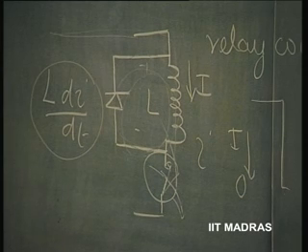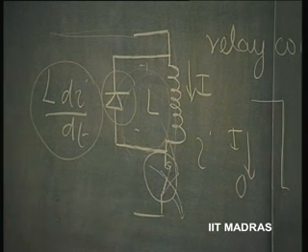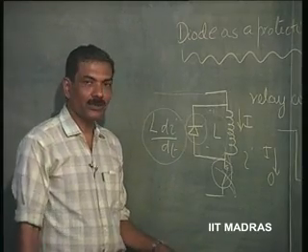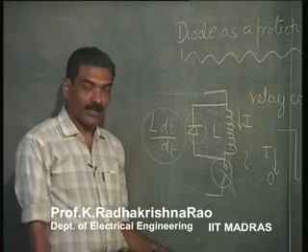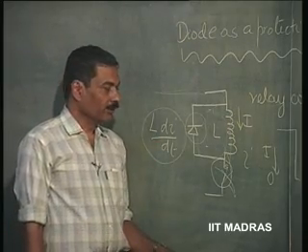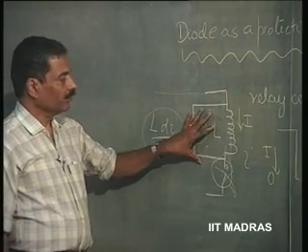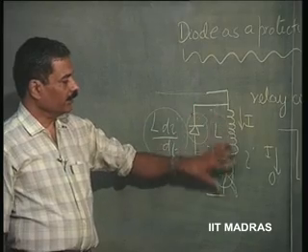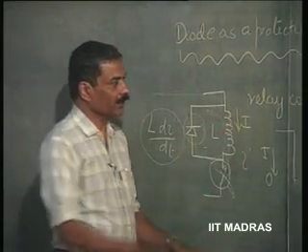So, this kind of structure will prevent the switch from getting spoiled. This is a protective diode which is invariably introduced in almost all power circuits where there is an inductor through which a steady current is flowing. This kind of application in a relay coil, to prevent the switch from getting damaged, is quite common in power electronics.